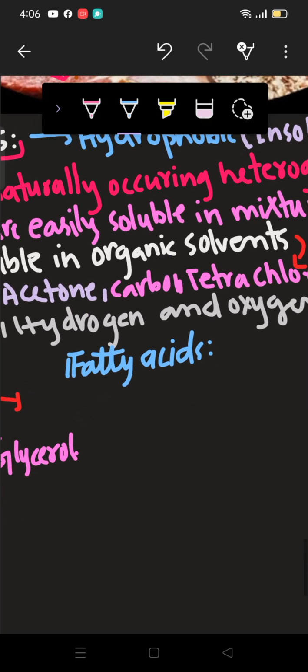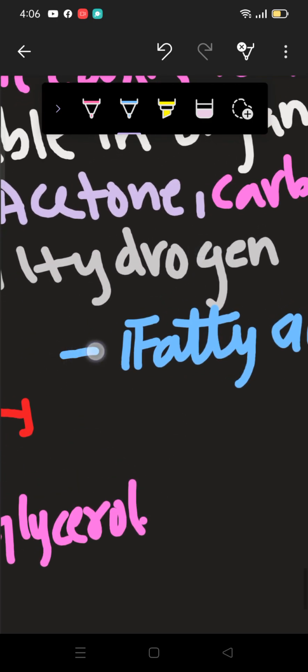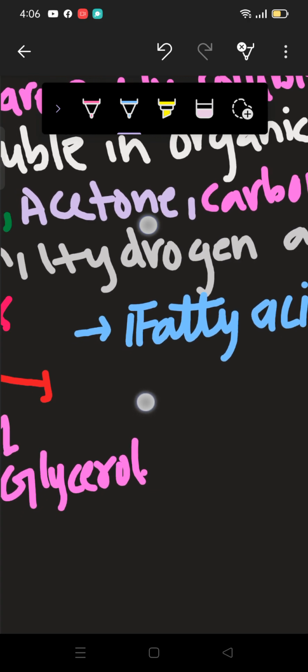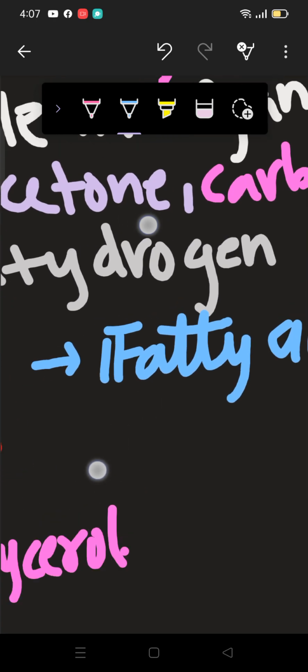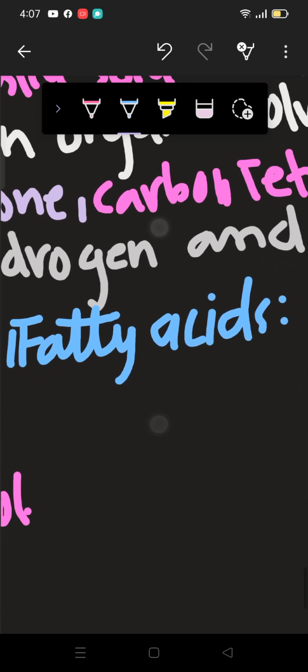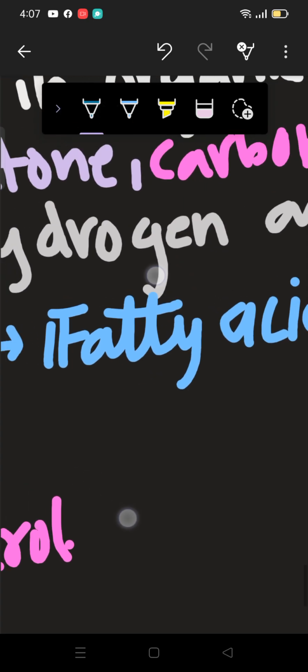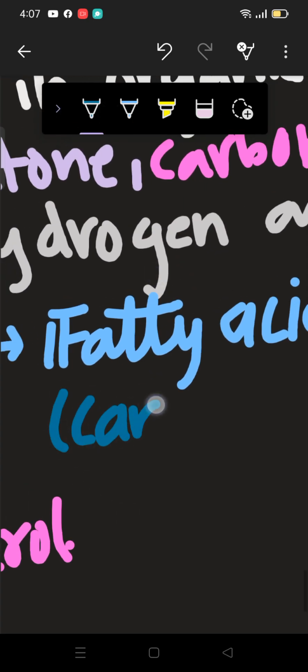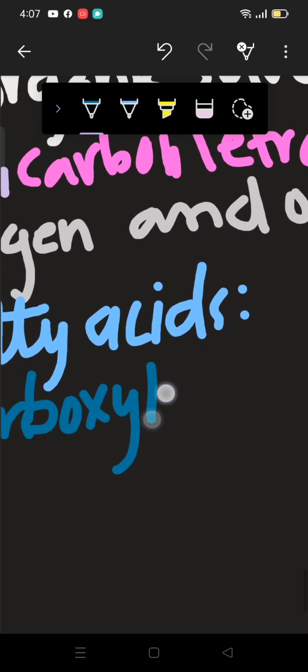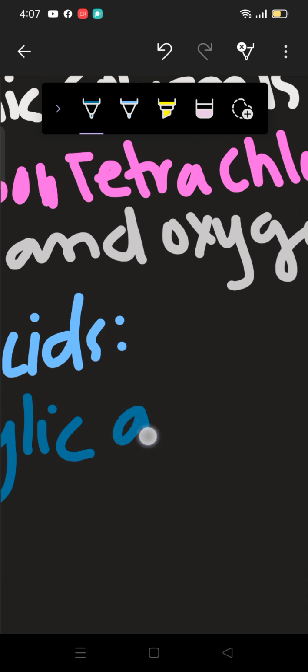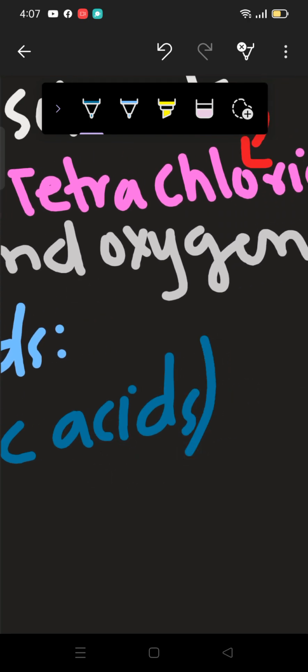As we have discussed, lipids are made up of 3 fatty acids. They are carboxylic acids with a lengthy chain.